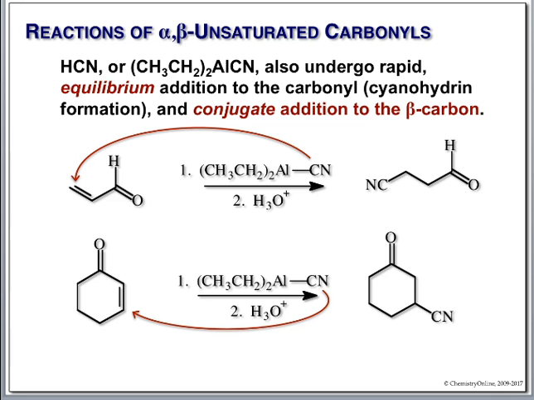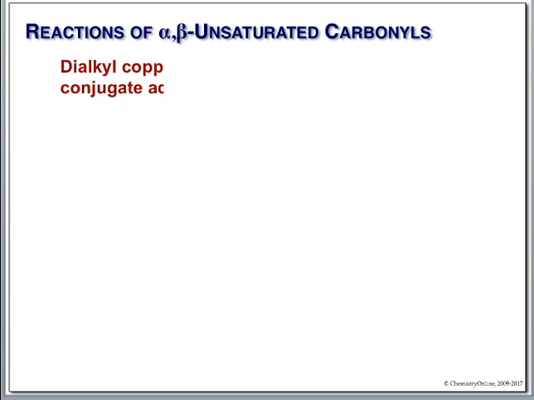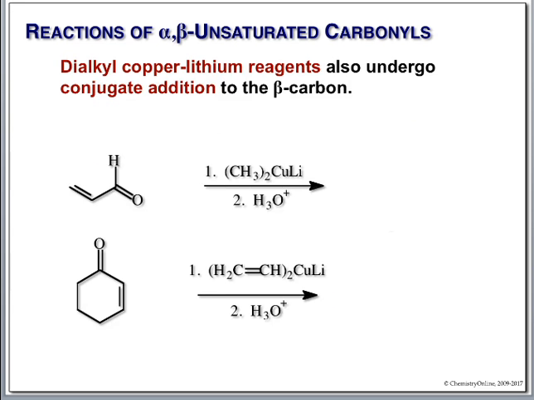Now there's another very good nucleophile that's related to our alkyl lithiums. And these are the dialkyl copper lithium complexes. Dialkyl copper lithium you make from an alkyl lithium in the presence of copper, kind of a big messy black gunk, to be honest. But this stuff at some stoichiometry exists in there.